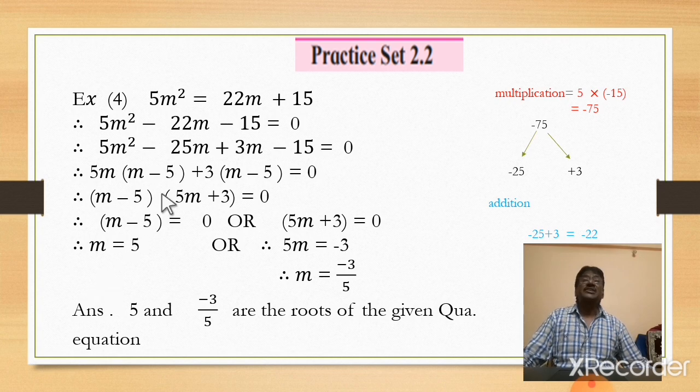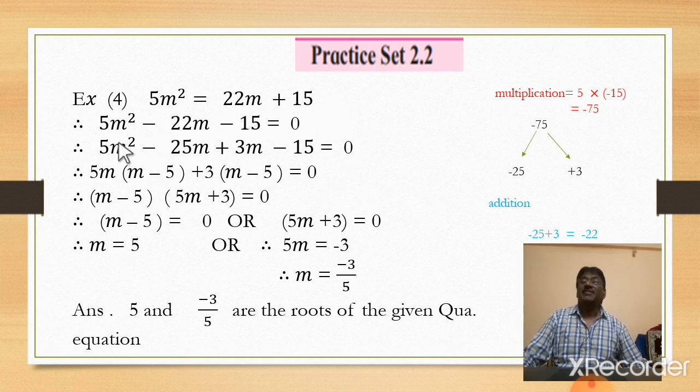Fourth example is given. 5m square is equal to 22m plus 15. Here, firstly we write the given quadratic equation in the standard form. Therefore, you have to transfer 22m plus 15 from the right hand side to the left hand side.